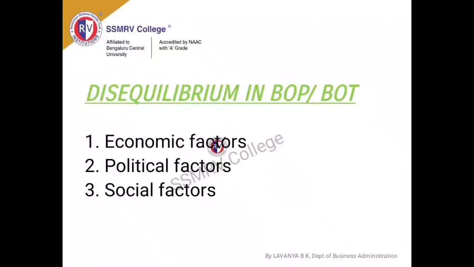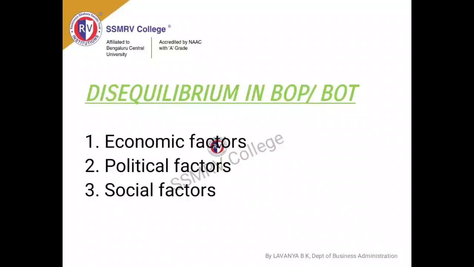And the second one is political factors, like a lot of political uncertainties, risks and instabilities within the political arena or the regime of a particular country, or the external disturbances caused by political changes around you, can also be one of the reasons for disequilibrium in BOP.